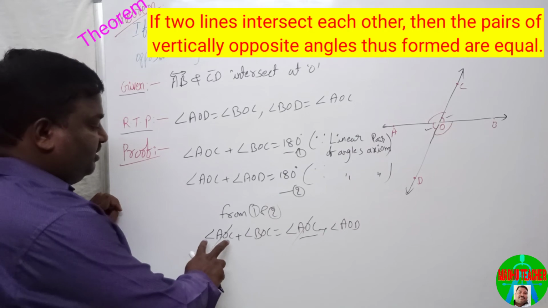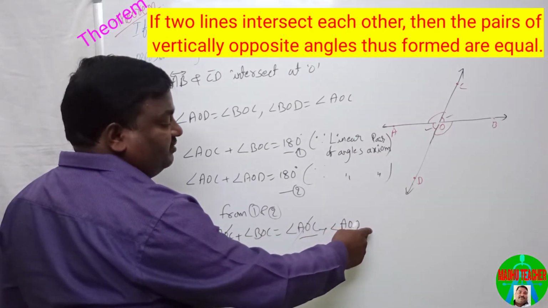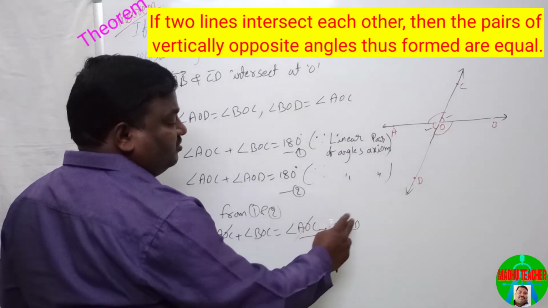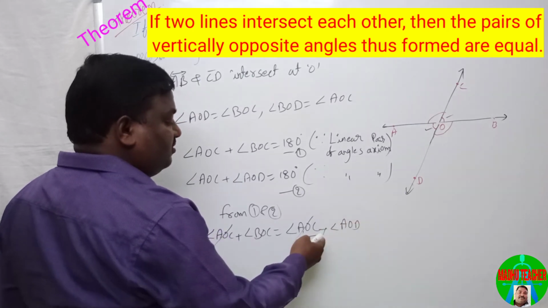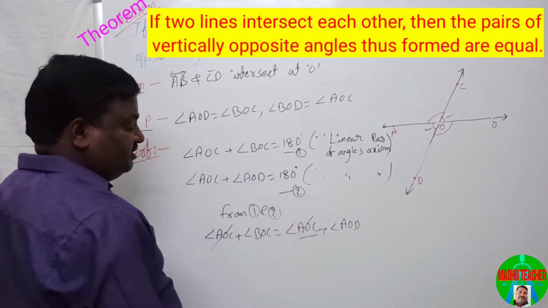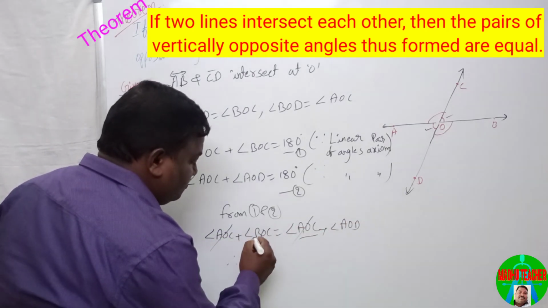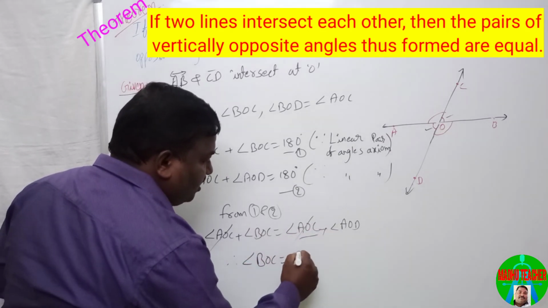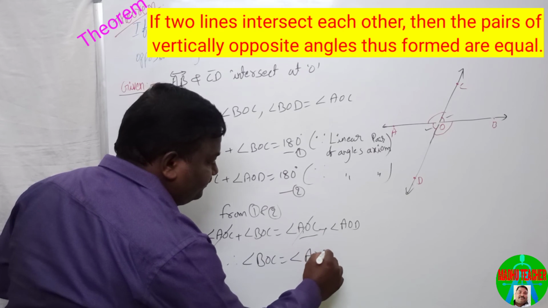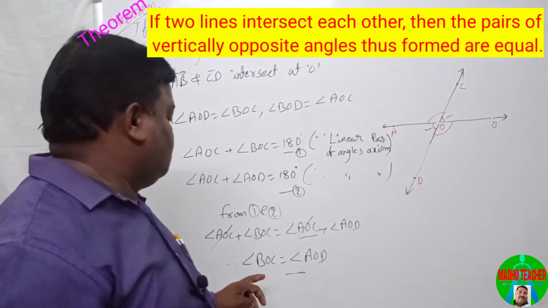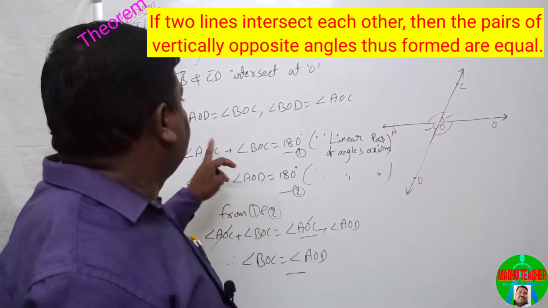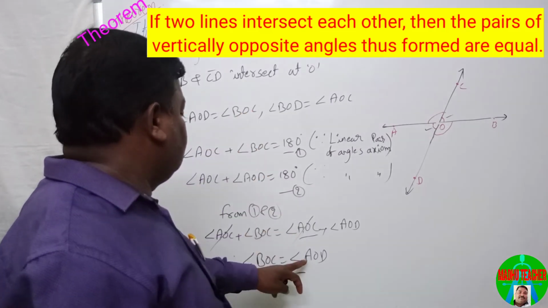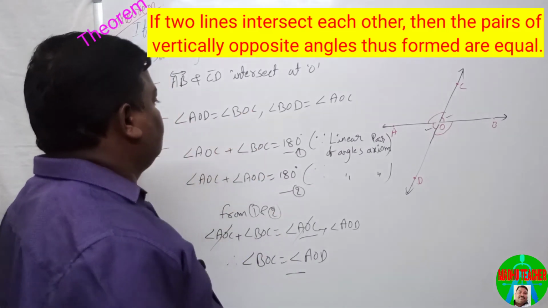Taking it to the other side, it becomes minus AOC, so AOC minus AOC gets cancelled. What is left? Angle BOC equals angle AOD. So the first one we got.